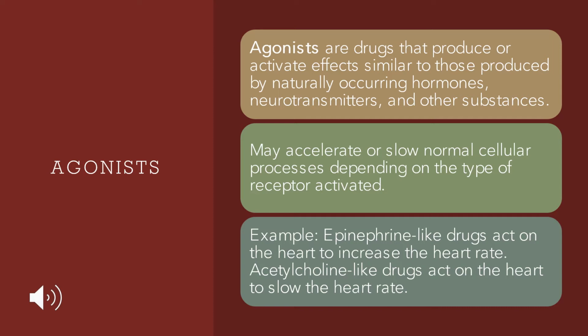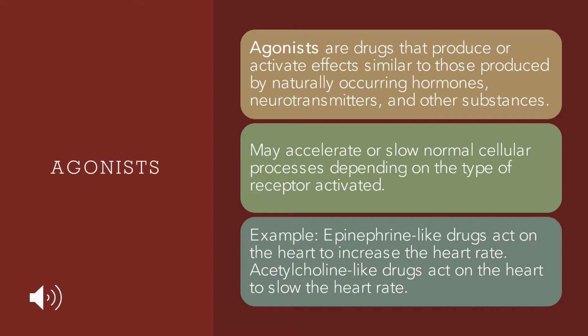When drugs act as agonists, they simply bind to receptors and mimic the actions of the body's own regulatory molecules. And agonists may accelerate or slow normal cellular processes depending on the type of receptor activated.